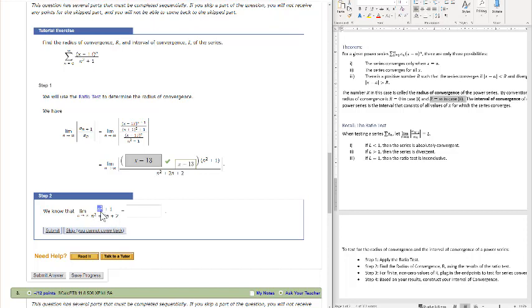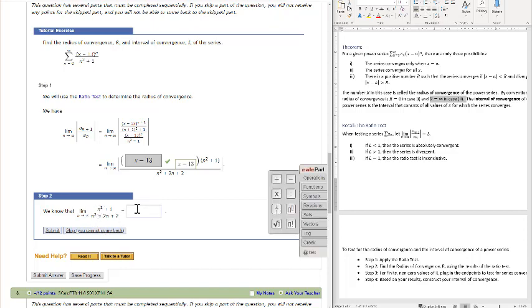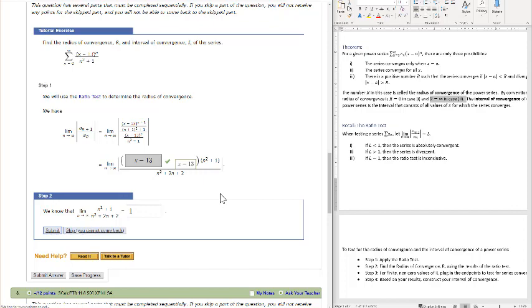Now, these are matching degrees in the numerator and denominator. So the limit of that as n goes off to infinity is really just the ratio of the coefficients, which is 1 divided by 1, and that's equal to 1.